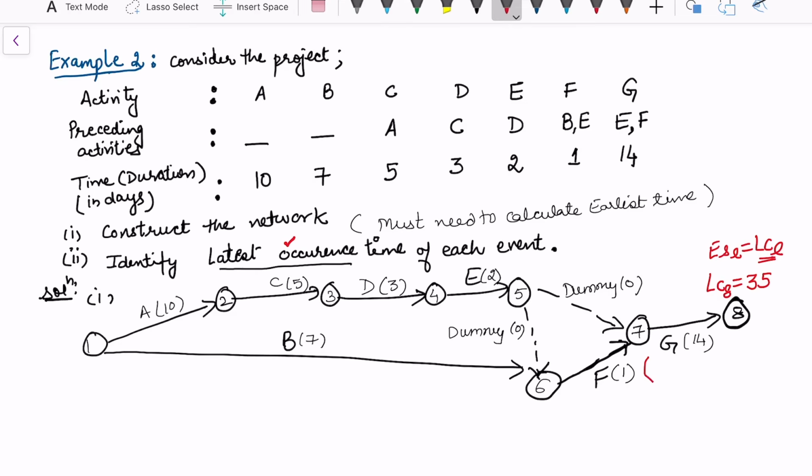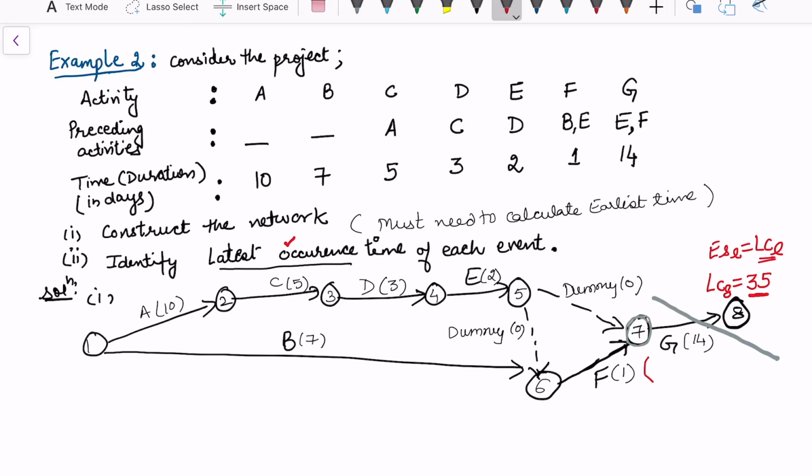If the project is completed on the 7th node, then what is the completion time? So I'm going to subtract 14 from this 35. So this will give me 21 days. That is how we come back, assuming that no activity has started and the project is completed on this particular event or node.